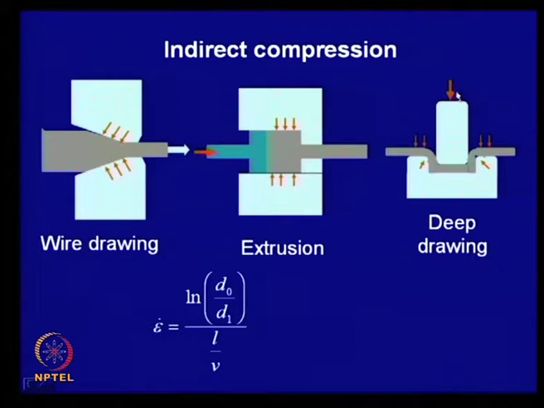Here also you are applying what looks like compression, but the material is getting stretched. Although you are giving the compression indirectly, the state of stress here will be something different.